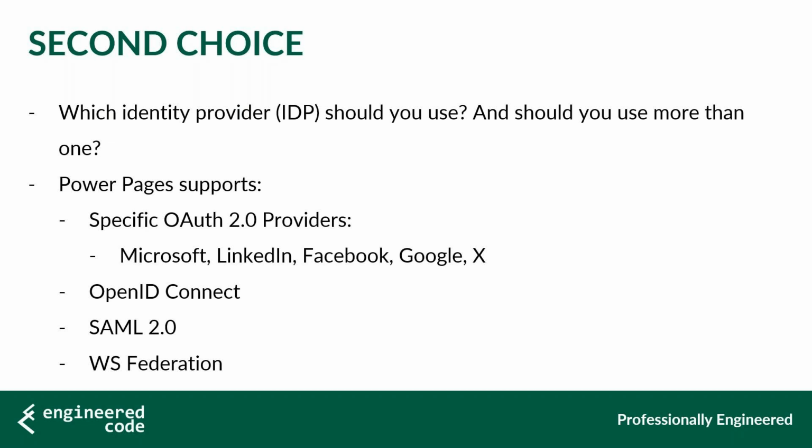With Power Pages, because you can enable multiple identity providers, including local auth, one user can themselves have multiple identity providers. So the process, if local auth is still supported and you want to move off, at a high level is we'll get your users to migrate, and there are some settings where you can say when someone logs in with an unsupported provider, you can essentially force them to move and select a new authentication provider.